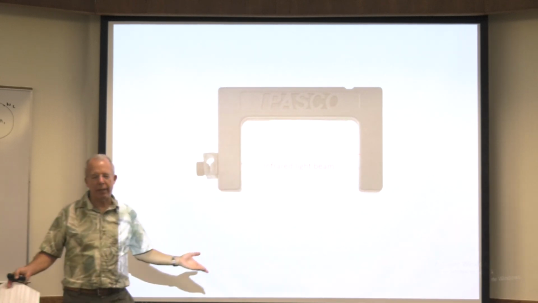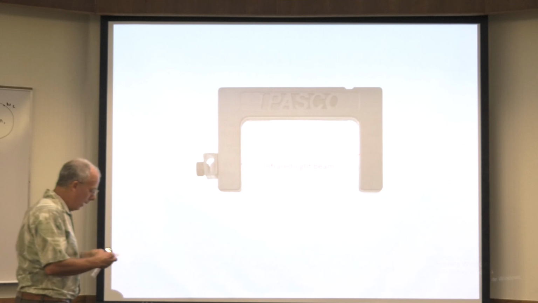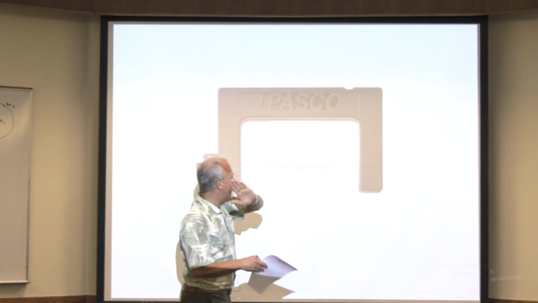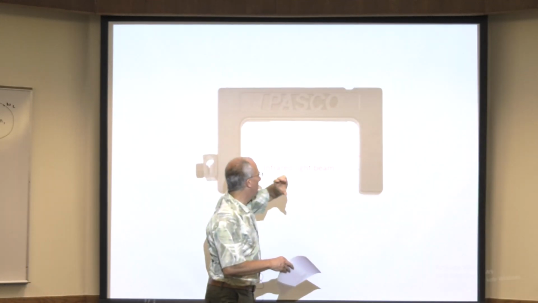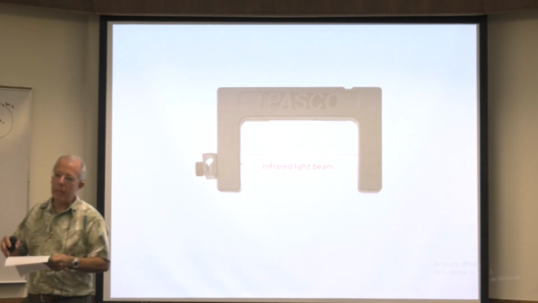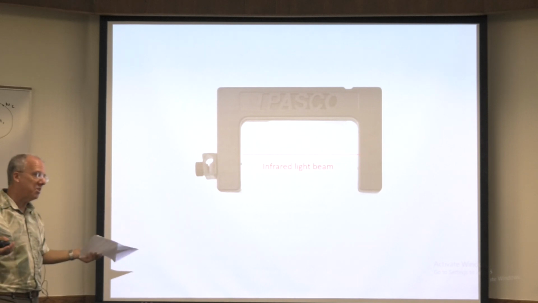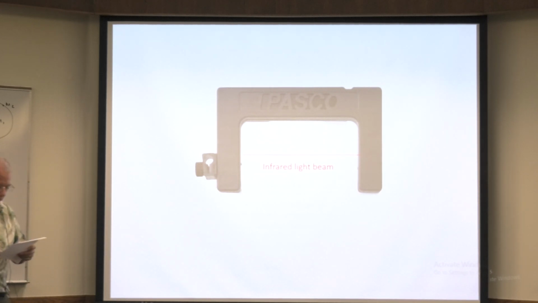It's infrared light, not visible light, so we can't see it. Now, when an object like a ball goes through this, it breaks the beam. Whenever the beam is broken, it sends a signal to the computer. For example, it can turn the clock on, or it can turn the clock off. There are many different ways to set this up, and I'll discuss some more of that later.